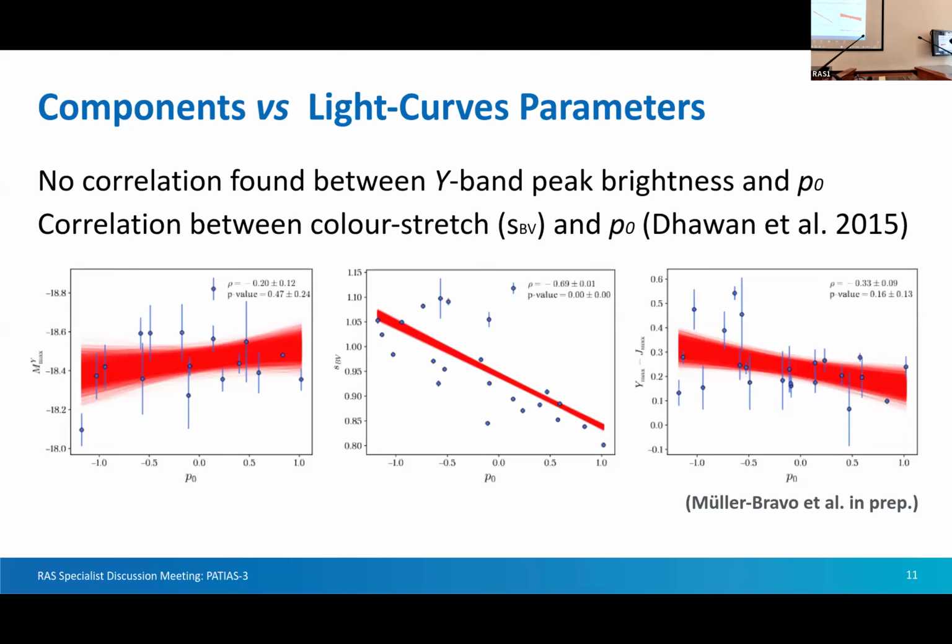This is a combination of the stretch, like x1 for example, and the color of the supernovae. On the right, this is pseudo color, so peak brightness in the Y band minus peak brightness in the J band. And at least from these correlations, we see that there's a relatively strong correlation between this first component and this SBV, this color stretch parameter.